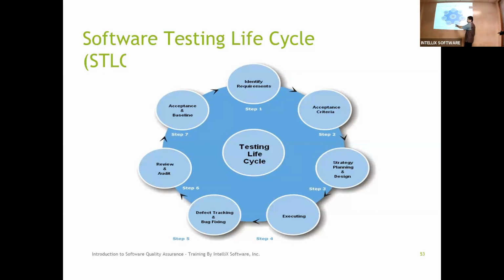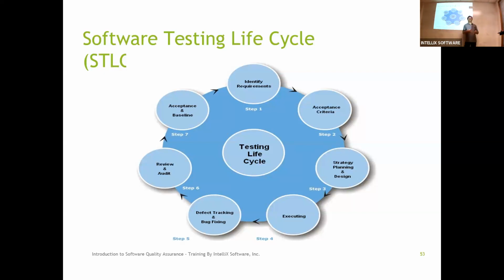If it doesn't work, I'm going to identify the defects and give them to the development team. They're going to fix that and give it back to me. I'm going to validate that the fix works as per these instructions for this acceptance criteria. If so, I'm good.